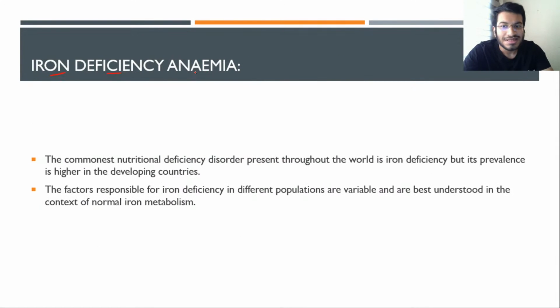The commonest nutritional deficiency disorder present throughout the world is iron deficiency, but its prevalence is higher in the developing countries. The factors responsible for the iron deficiency in different populations are variable and are best understood in the context of normal iron metabolism.